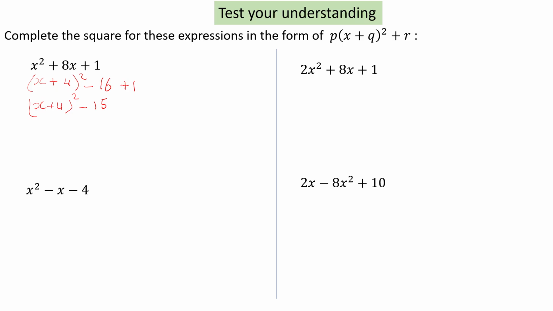x squared minus x minus 4. So x minus half of the x term, which is half, square it, and take away half squared, which is 1 over 4, minus 4. So simplify this one. So x minus half, squared.